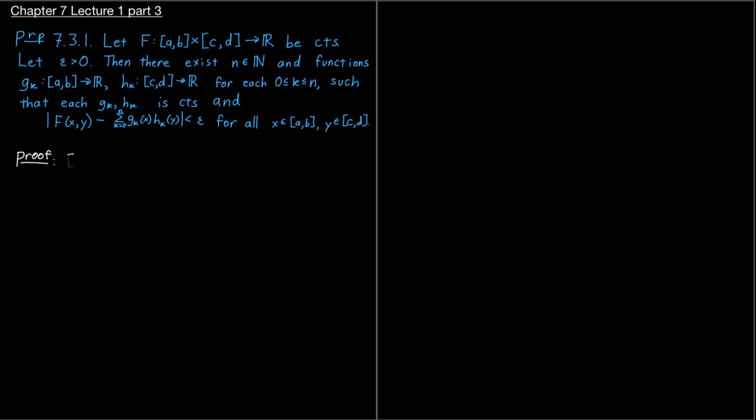I hope it's obvious to everybody that a rectangle, if A, B, and C, D are finite numbers, is clearly bounded, and it's not at all hard to prove, but you can use the techniques from early in chapter 5 to show that this is closed and bounded.